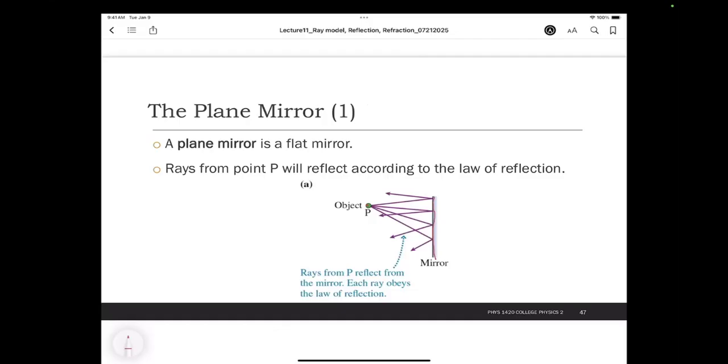If you draw a normal, you can see these two angles are equal. If you draw a normal for this one, these are equal, and for this one, these are equal too. That makes sense to you.